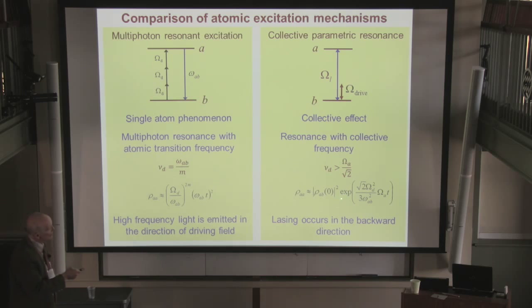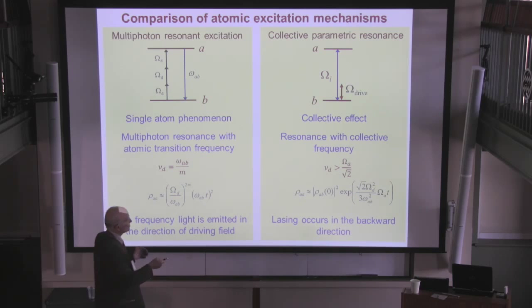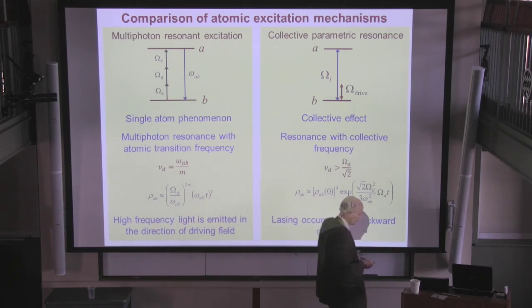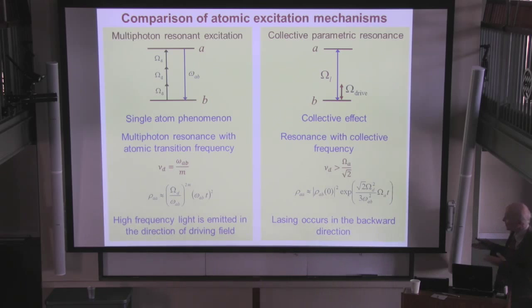What's important is that now we have an exponential of omega d squared over omega AB squared times the collective frequency times t. This is a very manageable number. This is a teeny-weeny number for any experiment that you might think of using these ideas. This might be 10 to the minus 20, whereas this might be 10 to the minus 4. So it's very interesting that we're getting extremely efficient, in principle, according to computer simulation and analytical calculation, extremely efficient excitation and generation of light.